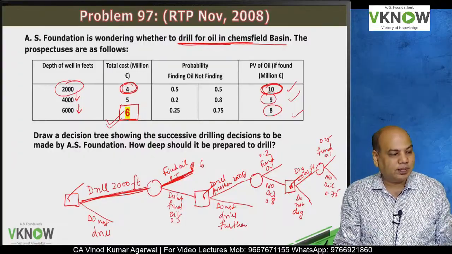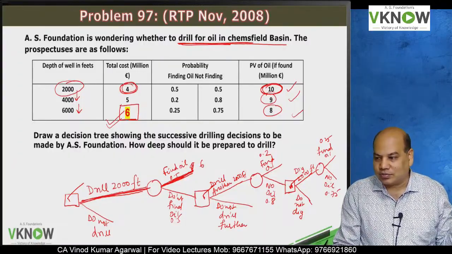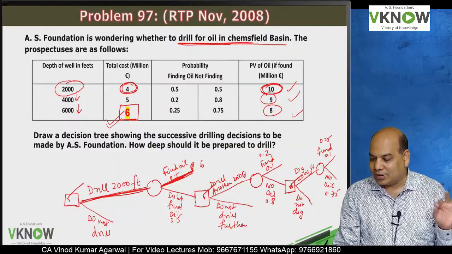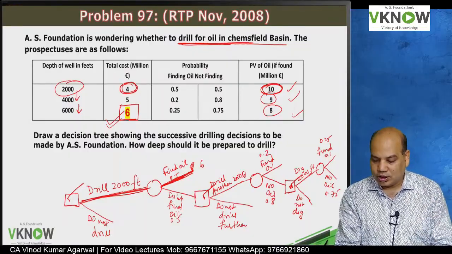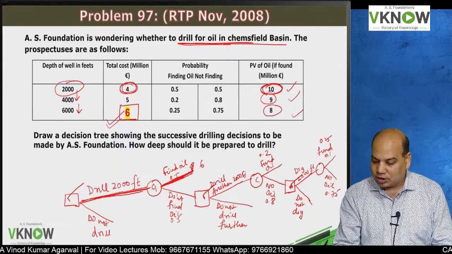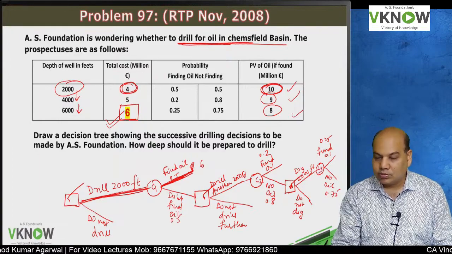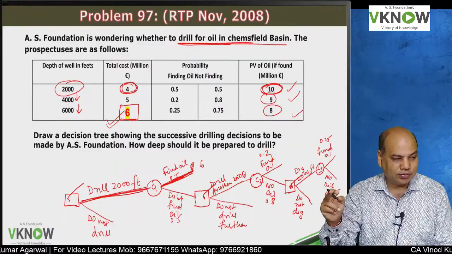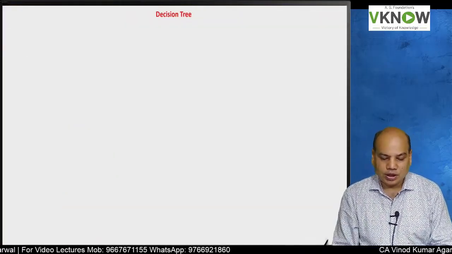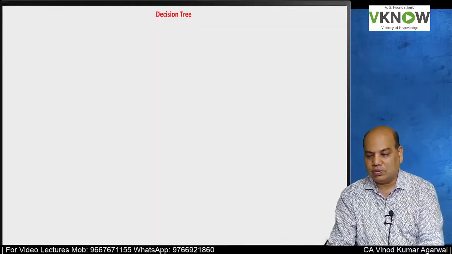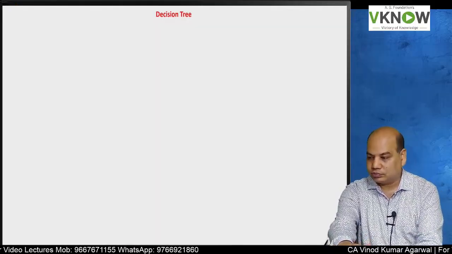The answer all depends on number crunching. At a decision point I will take the higher of the two, and at a chance point, there are 3 chance points, I will take the expected value.